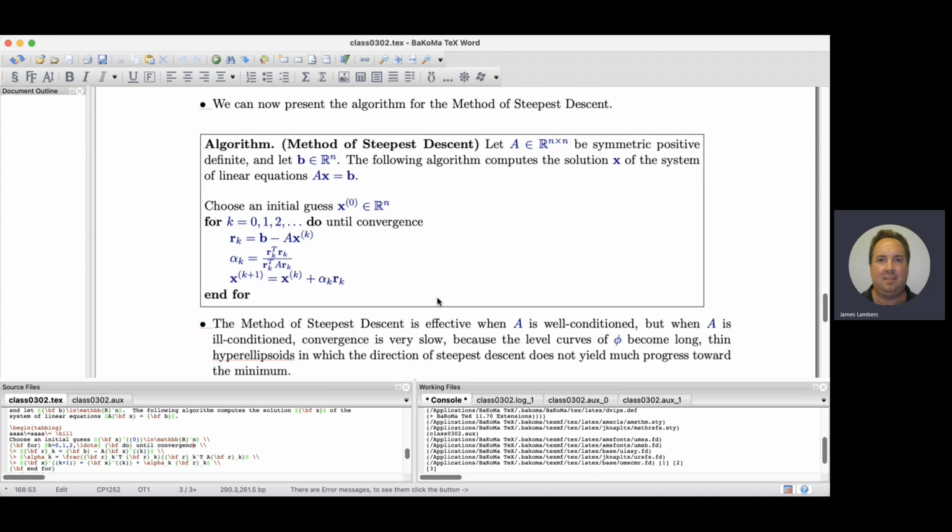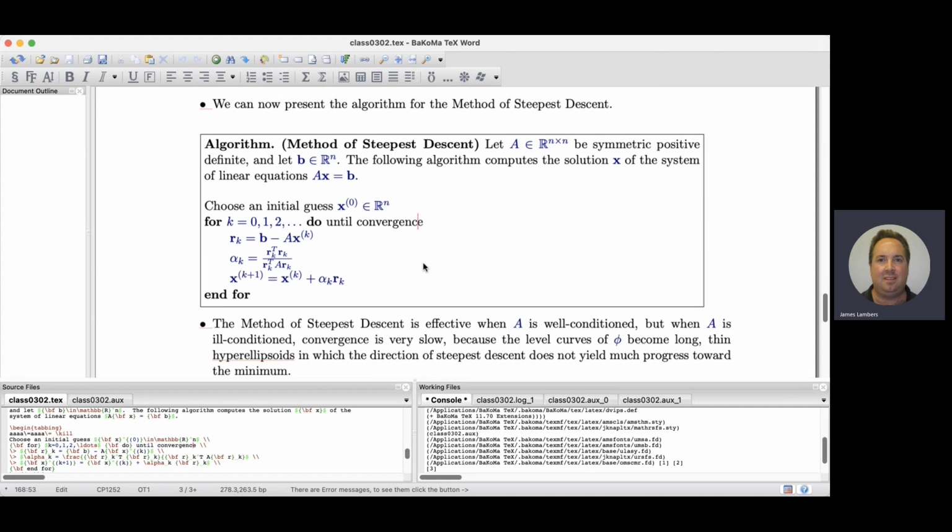Now, one problem with the method of steepest descent is that if A is ill-conditioned, then the level curves of your function phi that you're trying to find a minimum of are really elongated hyperellipsoids.